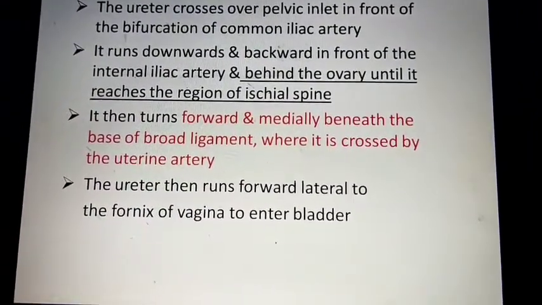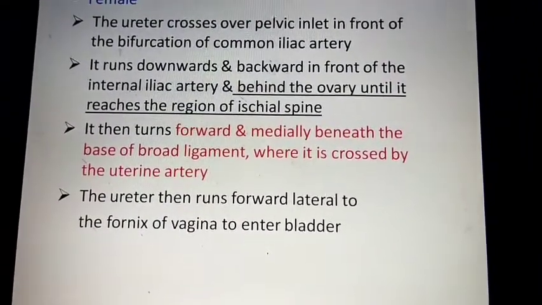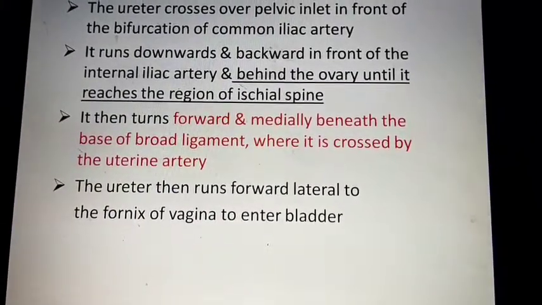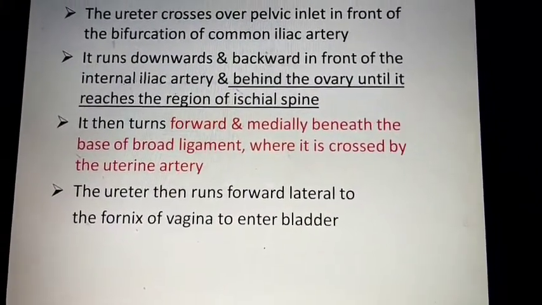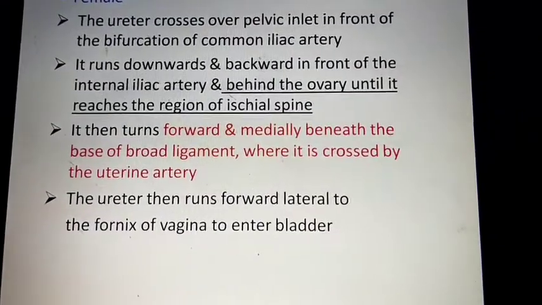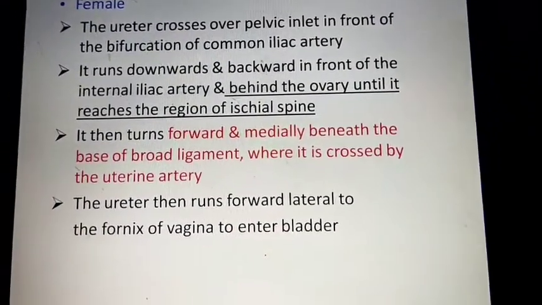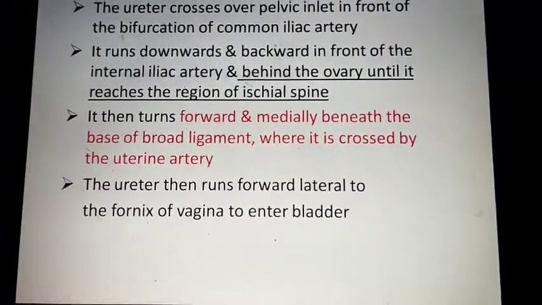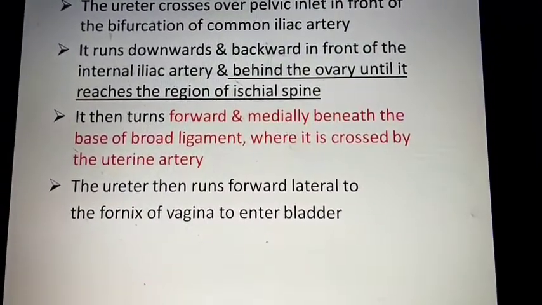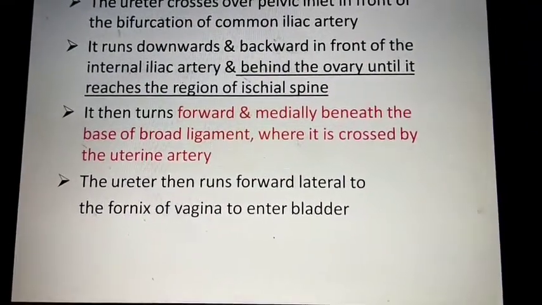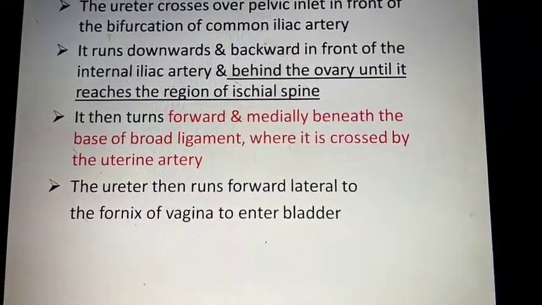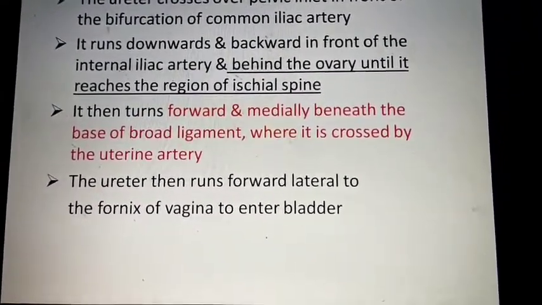It is very important to know how the ureter lies at the base of the broad ligament and crosses the uterine artery, because during surgery such as abdominal hysterectomy or vaginal hysterectomy, when you go for dissection near the cervix of the uterus, you must know the perfect anatomy of the ureter.